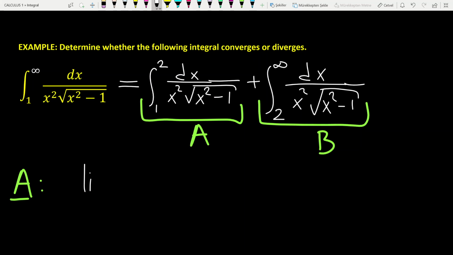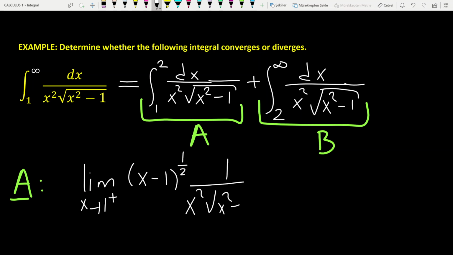So the limit when x tends to the point 1, where the integrand is not continuous, from the right, of x minus 1 to the power 1 over 2 times the integrand, which is 1 over x squared times the square root of x squared minus 1.